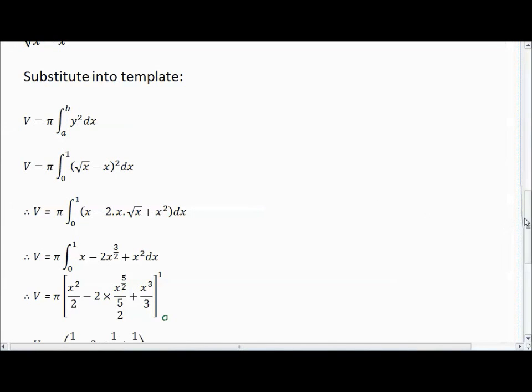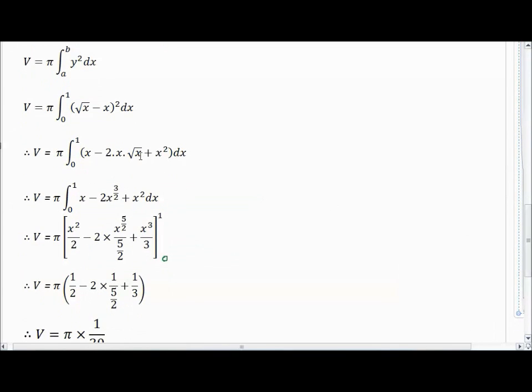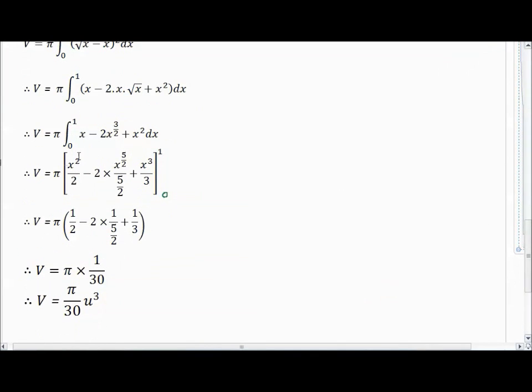We need to tidy that up, making use of our index rules over here. So the square root of x is really x to the power of a half, isn't it? So x to the power of a half times x is x to the power of 1.5, in other words 3 on 2, and then we've got the 2 there. Now we're ready to integrate, and it's the same old story.